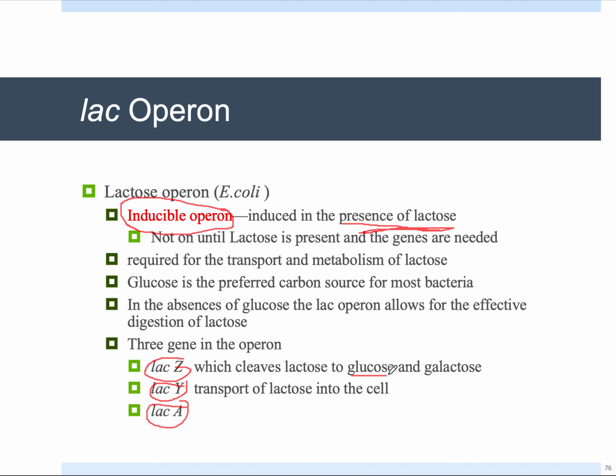So what it means is that lactose is a disaccharide. It has to be broken down into these monosaccharides. And then you will need lacY. The genes will be needed to be transcribed and translated into proteins that will be used for the transportation of lactose into the cell.